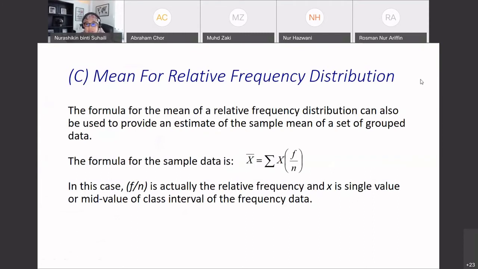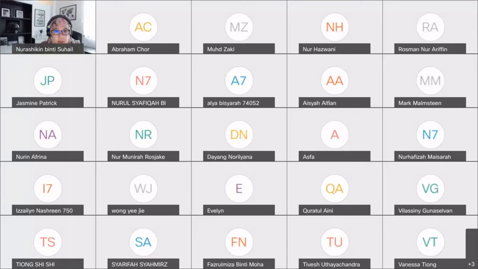The mean for a relative frequency distribution: the formula can also be used to provide an estimate of a set of group data. What is meant by group data here? I'll give another example. What is meant by group data?